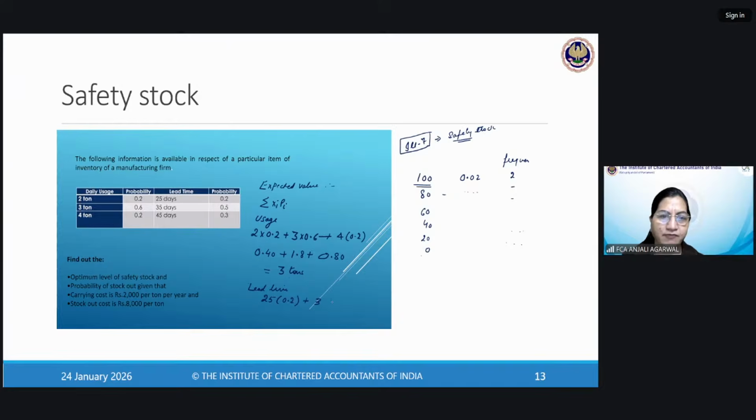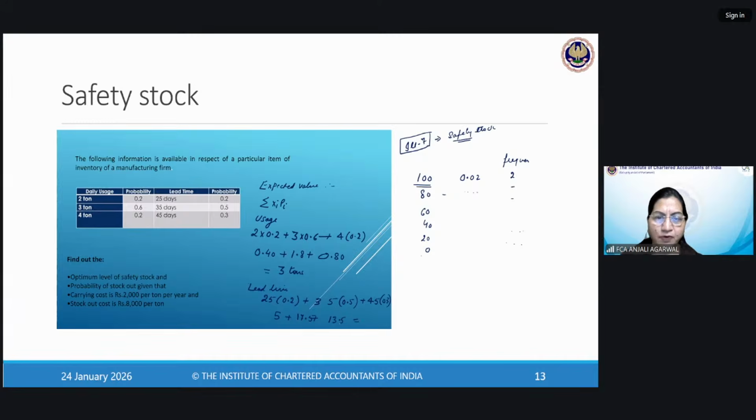Plus 35 days into 0.5 plus 45 days into 0.3. 25 into 0.2 is 5 days, plus 17.5 days, plus 13.5 days.